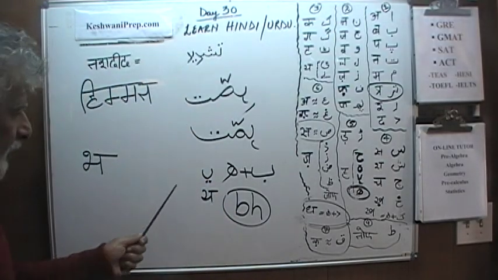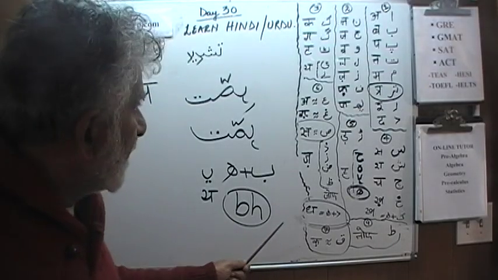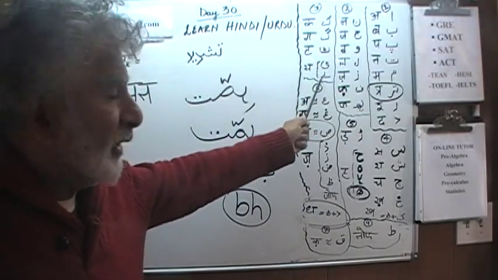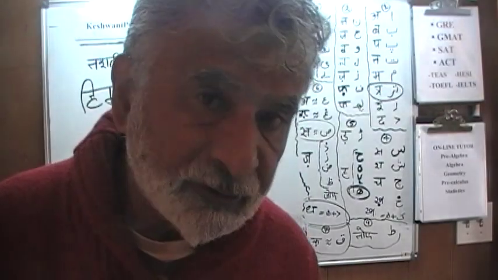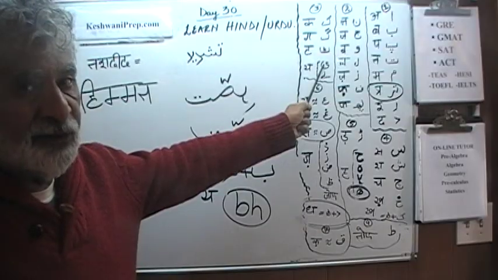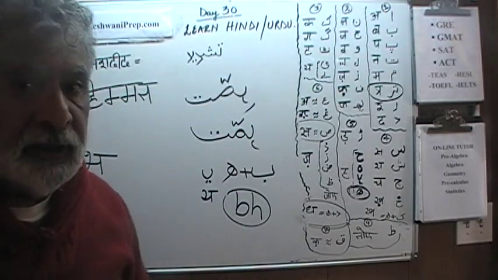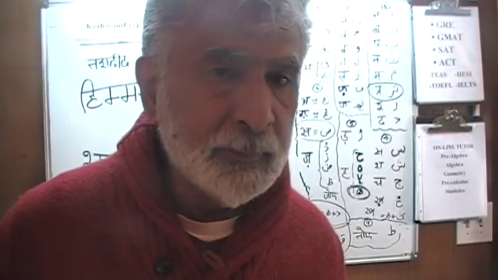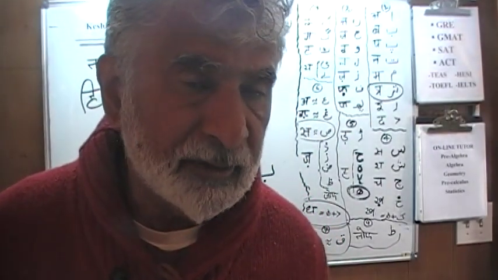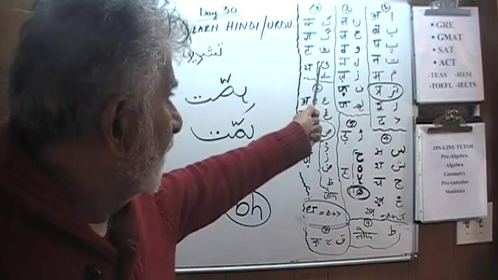Listen very carefully. Here, ye, as you know, choti ye and badi ye, they serve as matras in Urdu. Choti ye serves as badi e ki matra, and badi ye serves as choti e ki matra. It serves as both choti e ki matra and badi e ki matra by putting an additional symbol on top of it. Same thing with this guy.